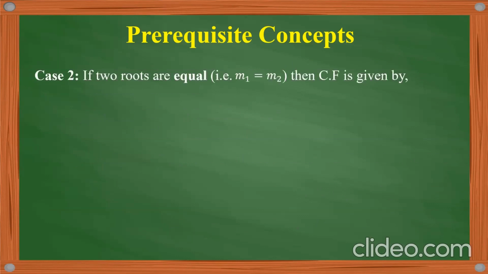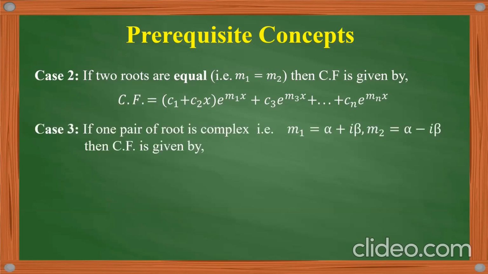Now, in the second case, what if we have two roots equal and all others, that is m3 to mn, are different? Then we will use this formula. The change is only in our first term, that is (c1 plus c2x) into e^(m1x), and the remaining terms are the same. So this is our second case.